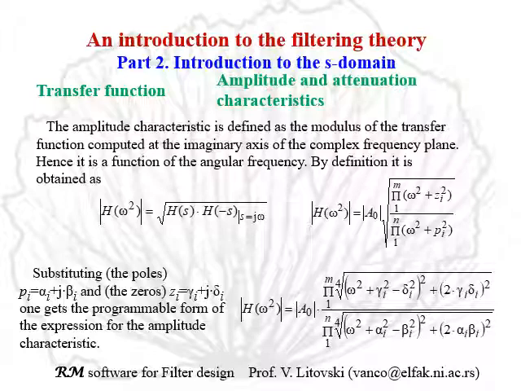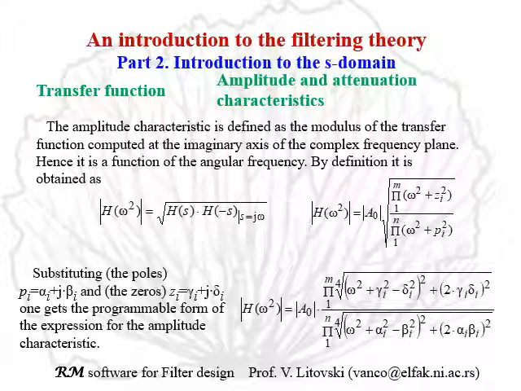By definition, it is obtained as the square root of the product of the function of s and of minus s with s equals j omega, which means H of minus s is the conjugate, so it is the product of the function and its conjugate.